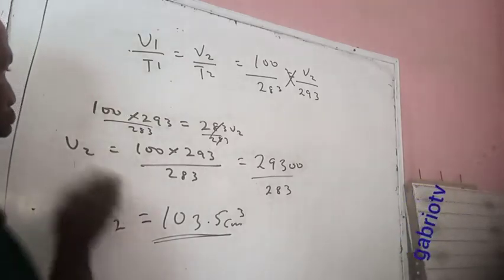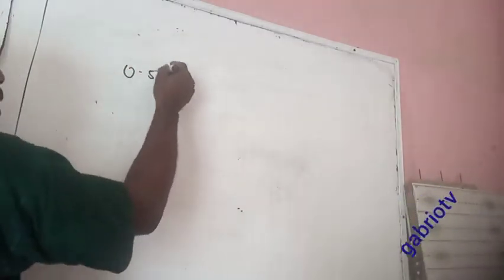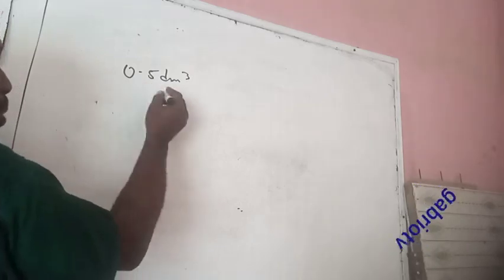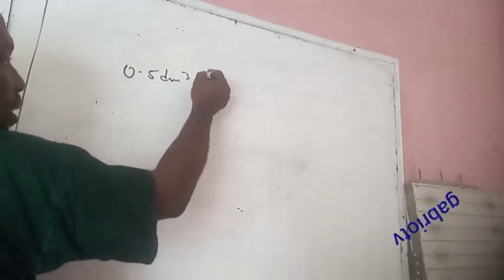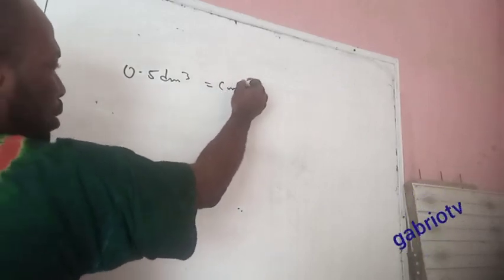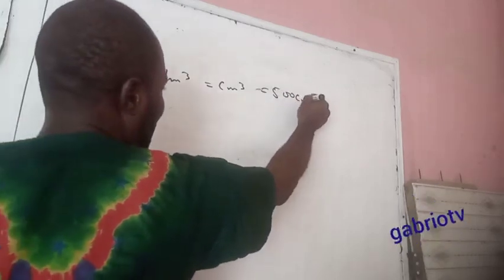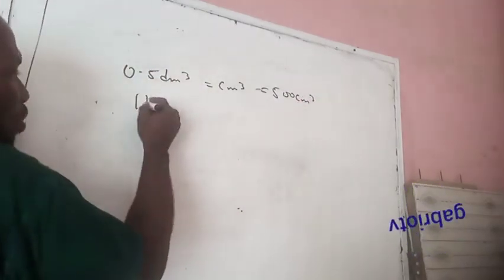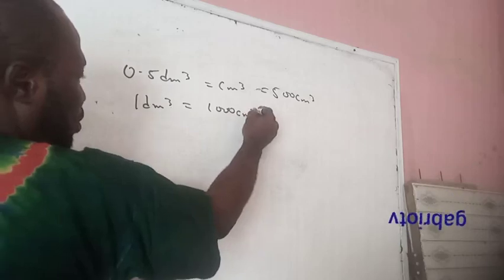I want you to understand that, because I'm going to be dropping some questions in the comment box. So if we have 0.5 dm cube, you should know that we are going to be converting this one to cm cube, which is equal to 500 cm cube. If you have 1 dm cube, that is going to be 1000 cm cube.